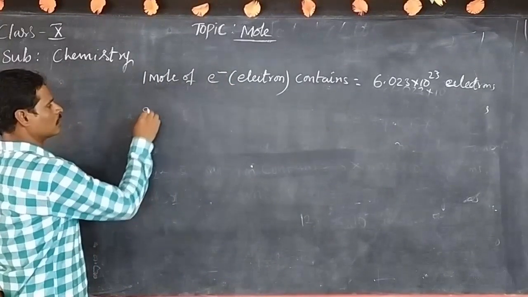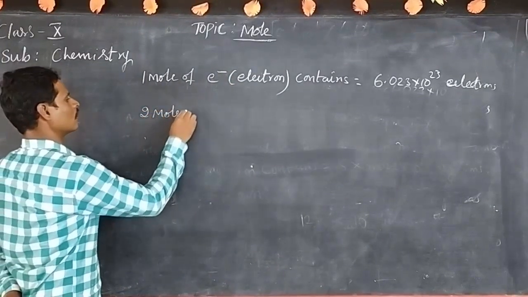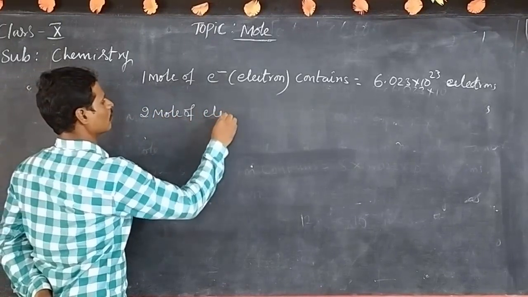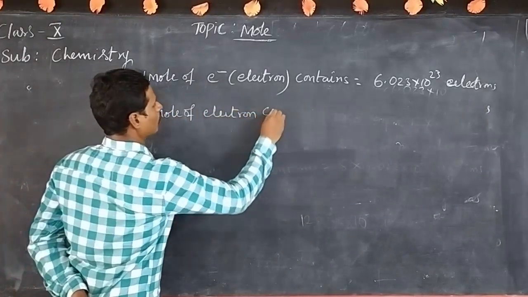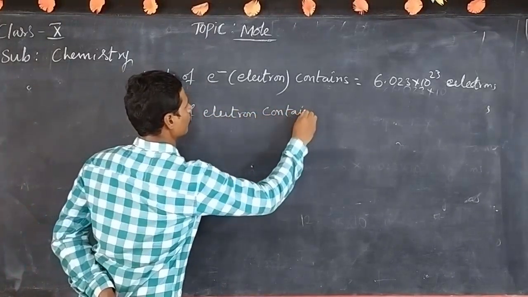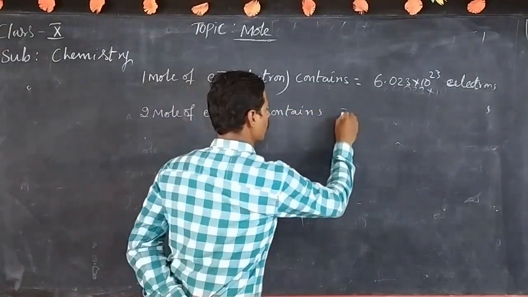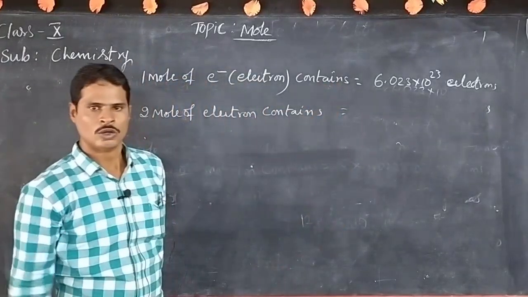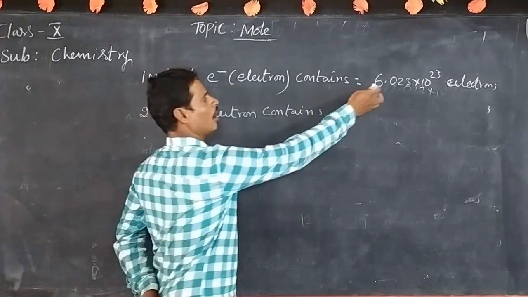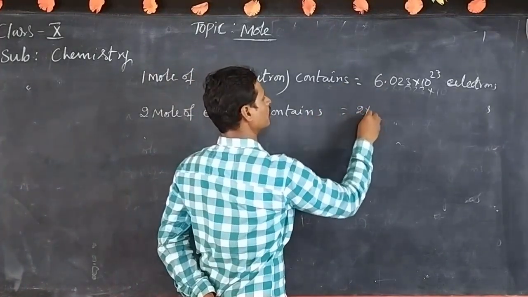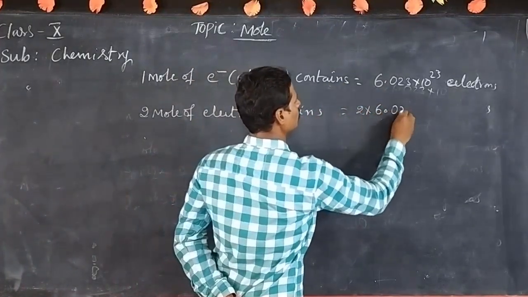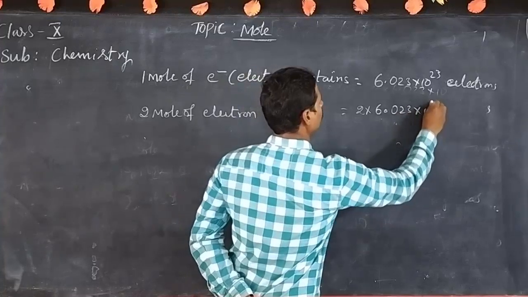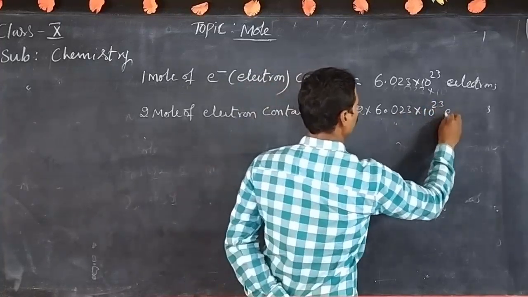Suppose you need 2 moles of electrons. 1 mole equals this value, so 2 moles means 2 into the Avogadro number, 2 into 6.023 into 10 to the power 23 electrons.